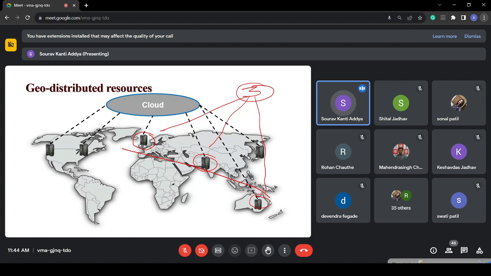Now, the problem. This is the scenario from one cloud service provider like Google GCP or Amazon AWS. The same thing is true for other cloud service providers like Azure. Amazon, Google and Microsoft Azure are all big players in the cloud market.